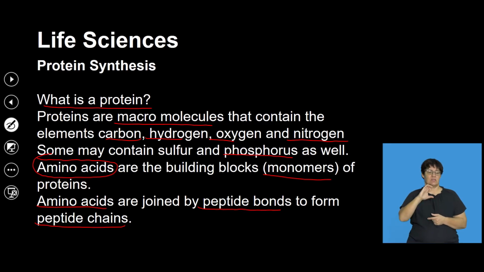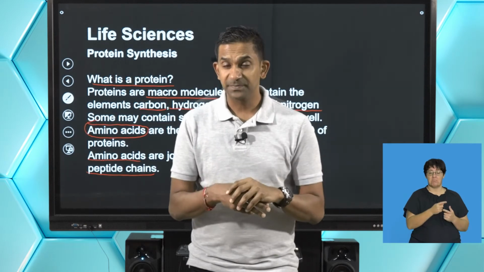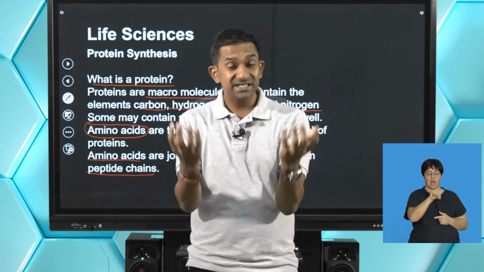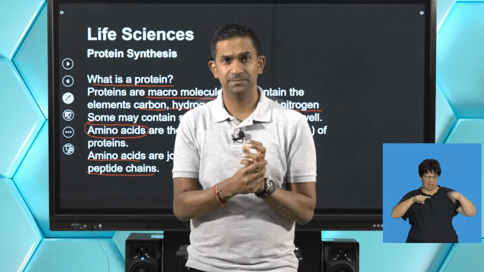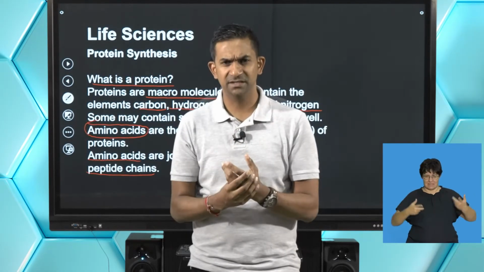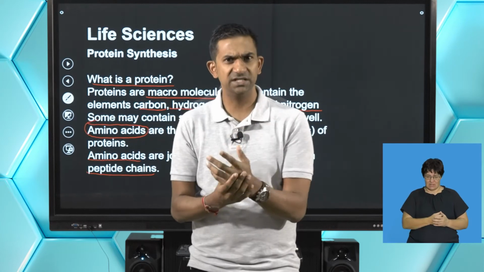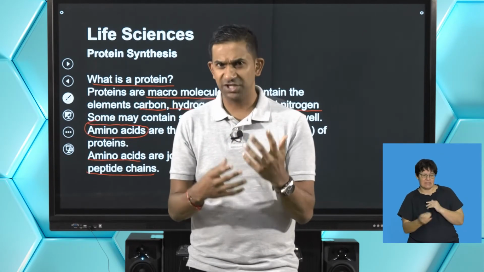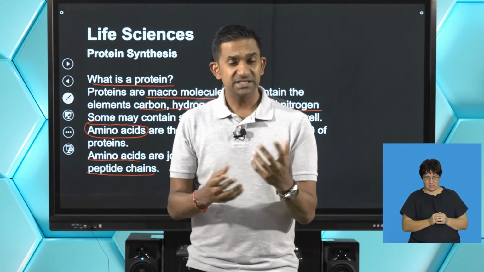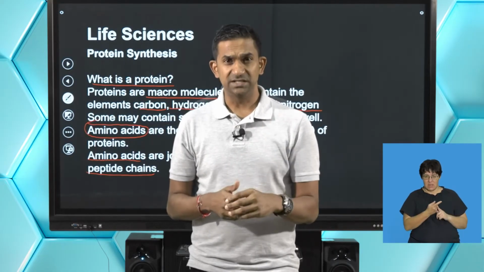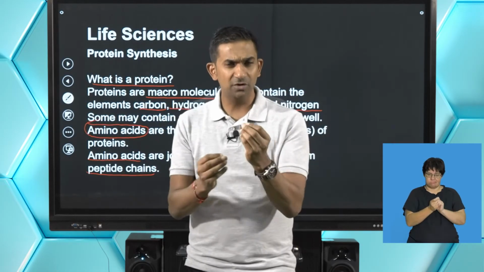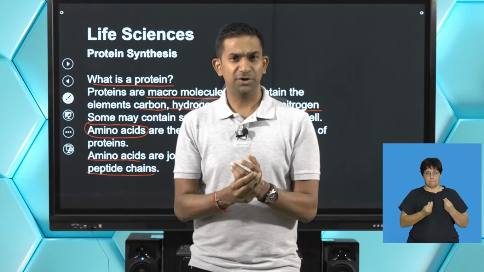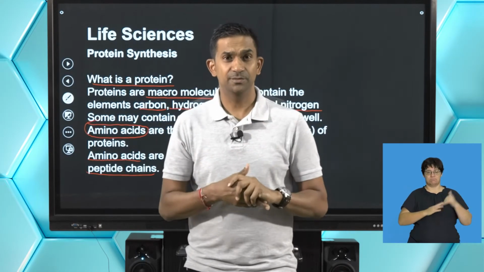So to unpack this, proteins are made up of monomers called amino acids, and these amino acids are present in the cytoplasm. We have about 20 different amino acids, and these come from your diet. When you consume proteins, your meat, fish, chicken, beans, these are rich in proteins, and those proteins are broken down during digestion, so we absorb them into our body, and we have the building blocks of proteins.